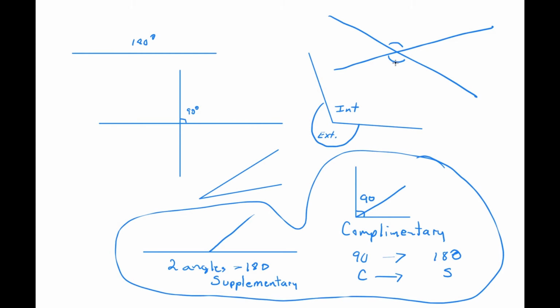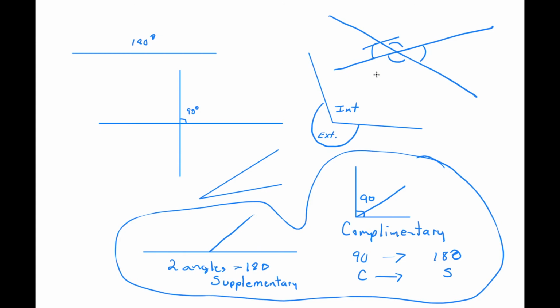The angles that are opposite each other are called vertical angles. So these are vertical angles and these are vertical angles. And vertical angles are congruent to one another. So whatever this one is, this one is. Whatever this one is, this one is.